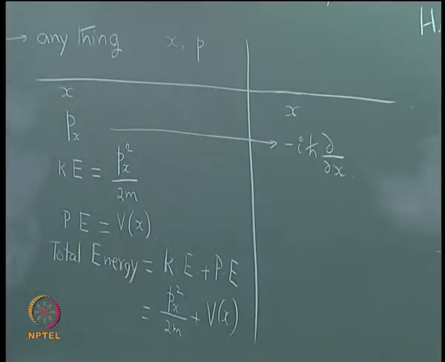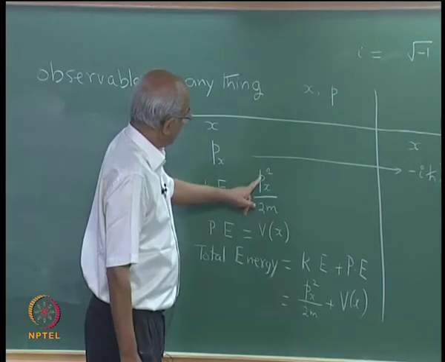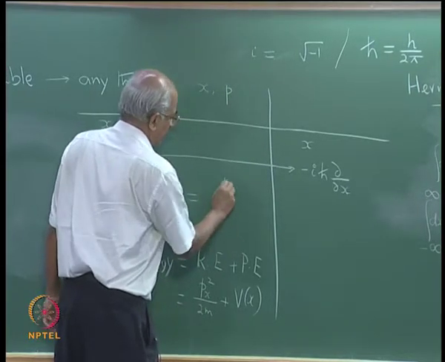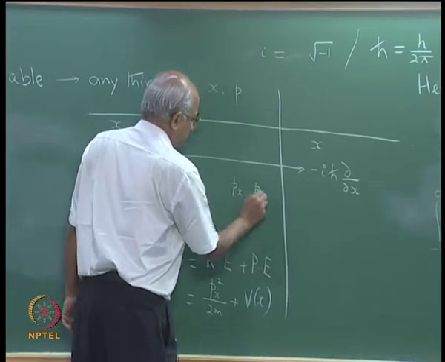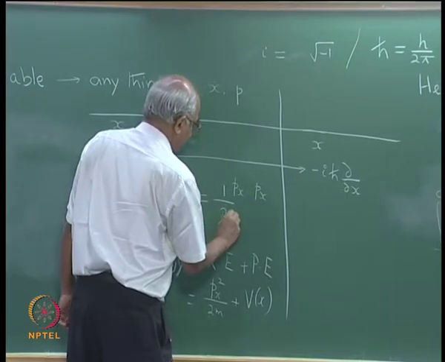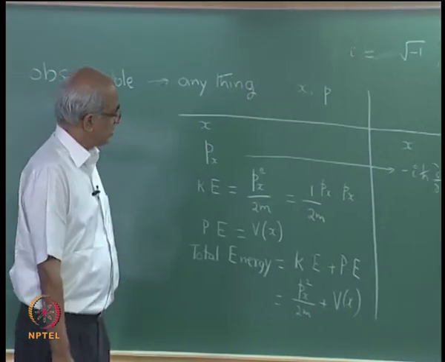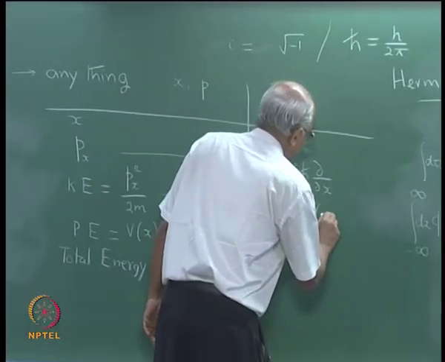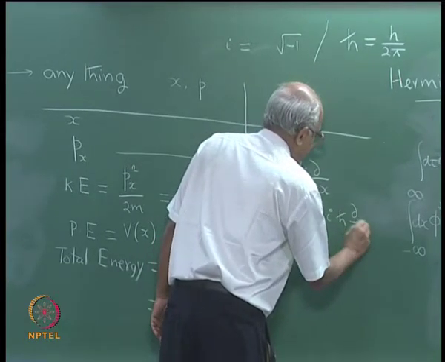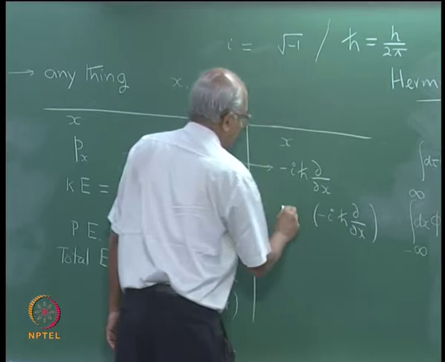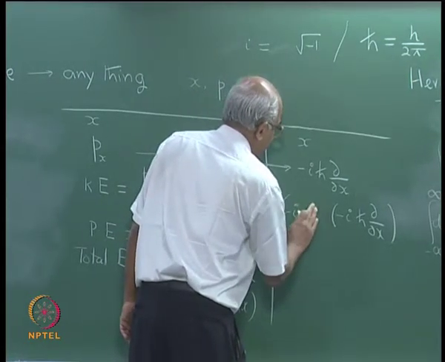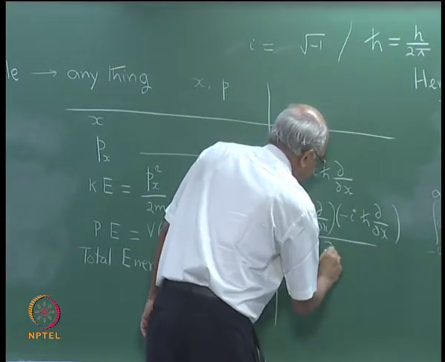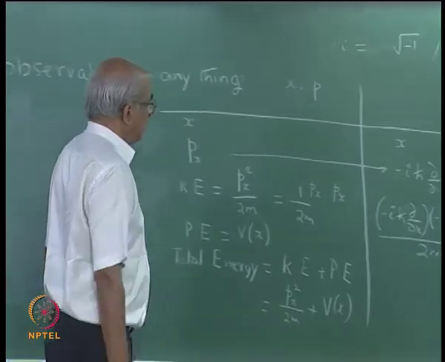Kinetic energy is interesting because it has px square. You can say px square is equal to px into px, divided by 2m, and then it is clear what we should do. We have 2 px's in this expression, so we will have 2 factors of minus i h cross dou by dou x, one followed by the other.